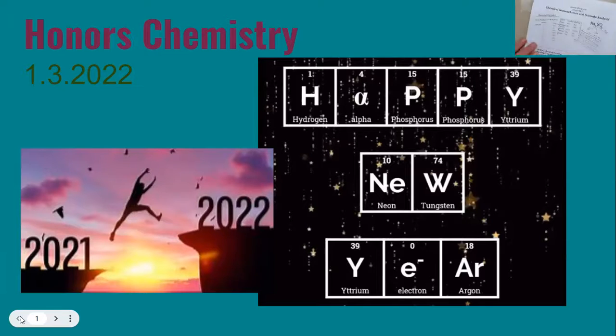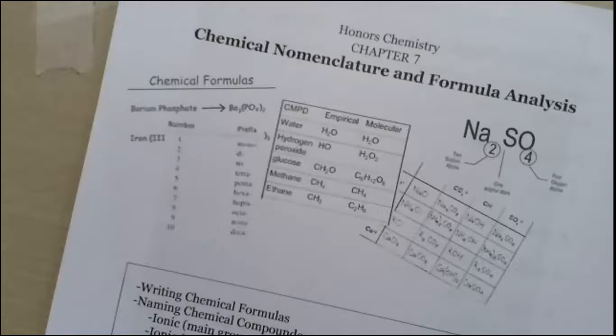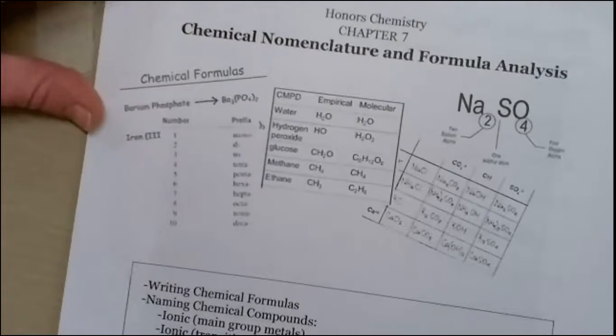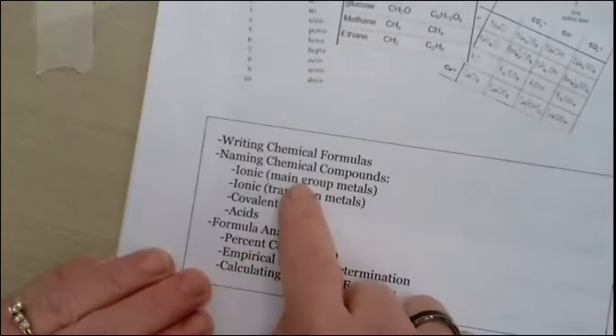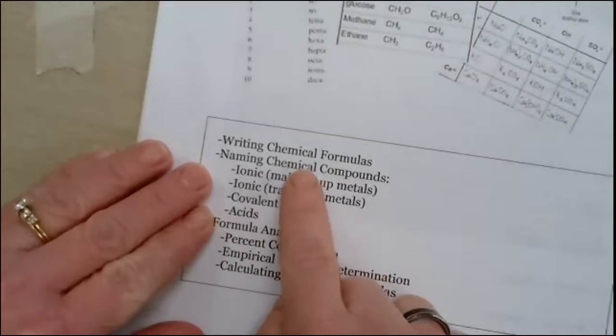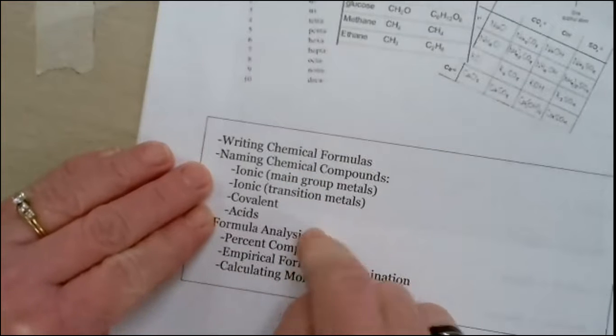Can we, in our handy dandy packet, remember, we talked about the different kinds of chemical naming. So, can we turn to page 16? 16, please. It looks like this.